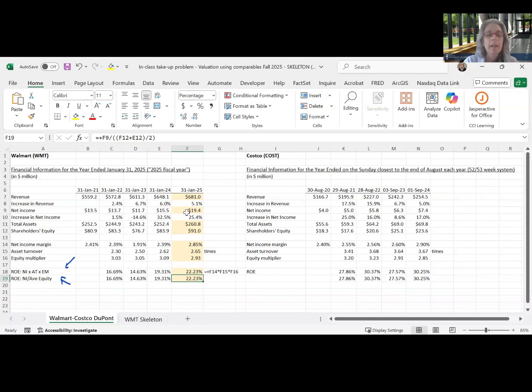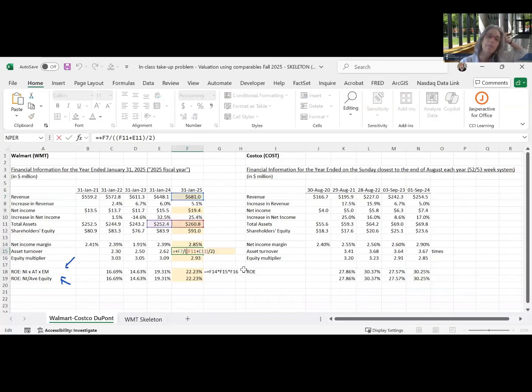Huh. Did you download the spreadsheet yesterday or today? Because I found an error in the spreadsheet yesterday. Today, okay. I don't know why we are getting different numbers. Okay, let's go line by line. Oh, it's asset turnover and equity multiplier. Okay, so here, can you see what I've done? Does that make sense?